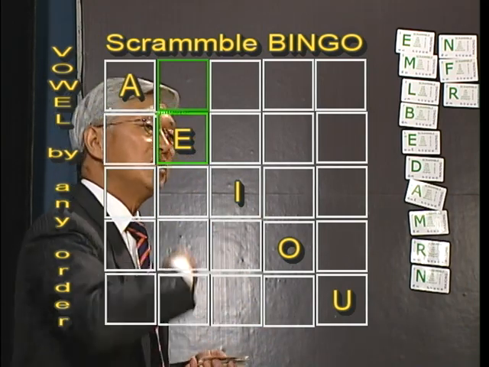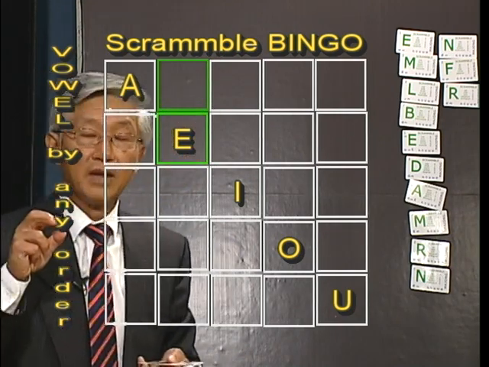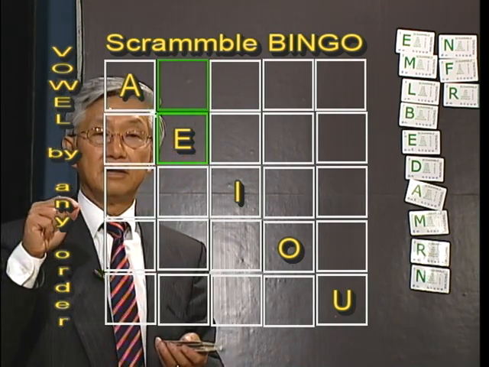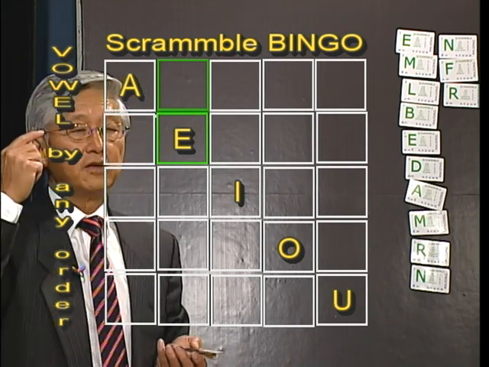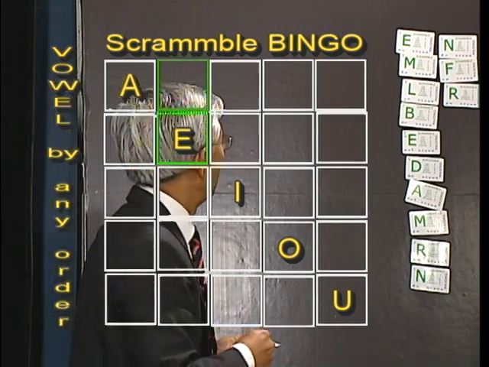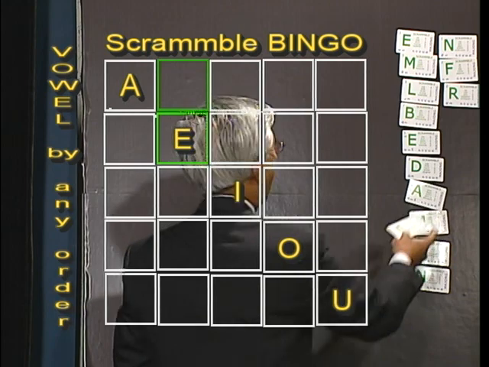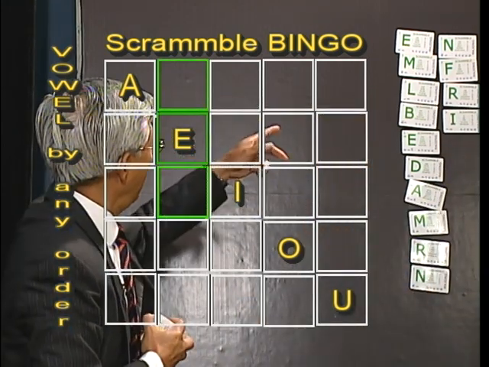So you have to continue playing. So the second version is much harder and takes longer, and it challenges you more to know vocabulary that contains double vowels in the word, okay? Let's see. Until we get I, that's not planned. It happened to be. Now, I is here now.